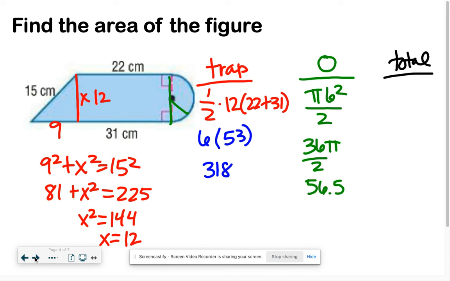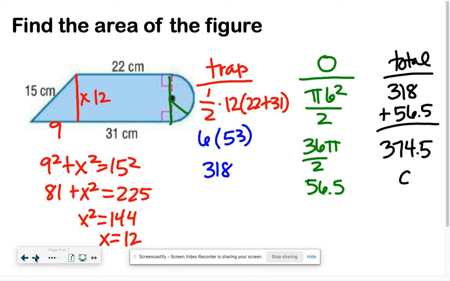Now our total, kids, 318 plus 56.5 should give us about 374.5. What is our unit? Centimeters squared. Good work.